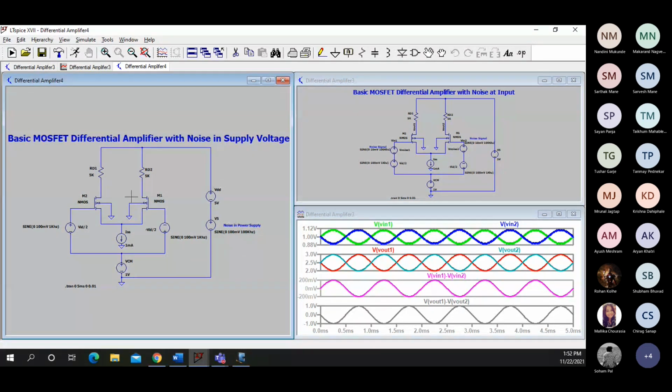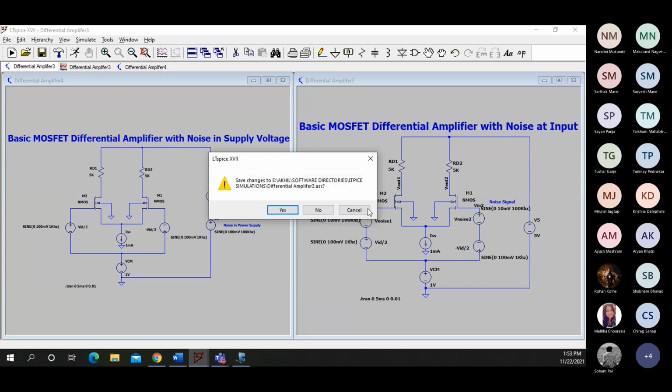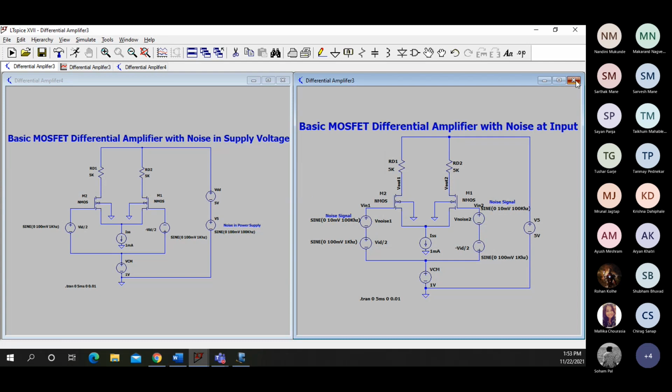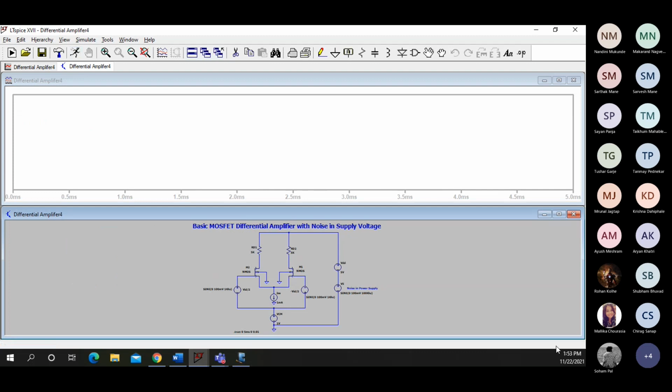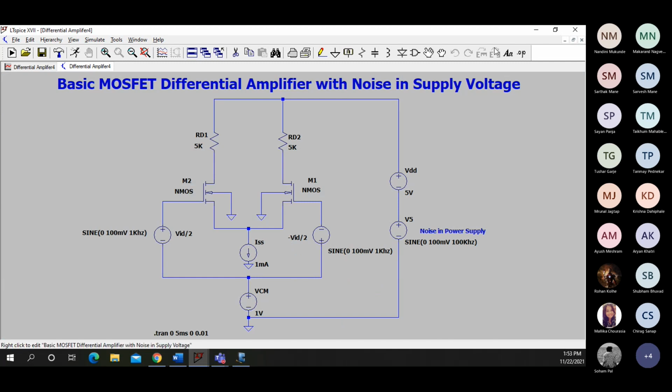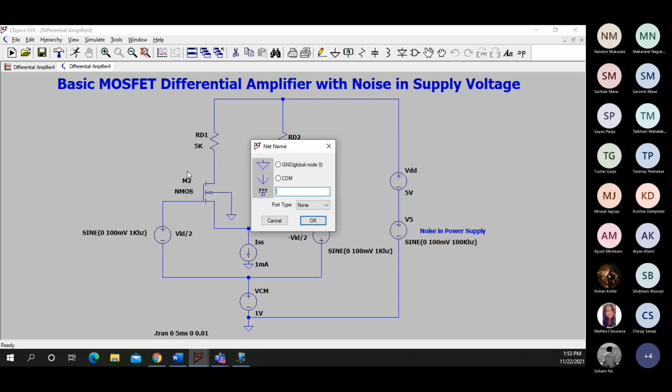Can you see here? I removed the noise signals from both these places and connected them in series with the power supply. So first you build this circuit, then we'll go ahead. And all the regular nomenclature has to be here.